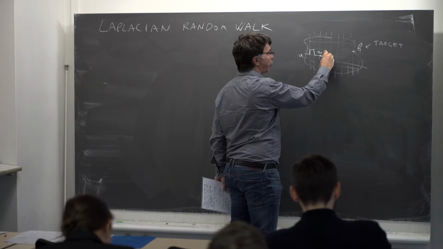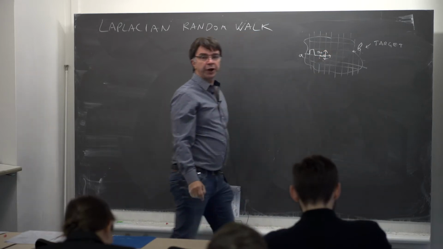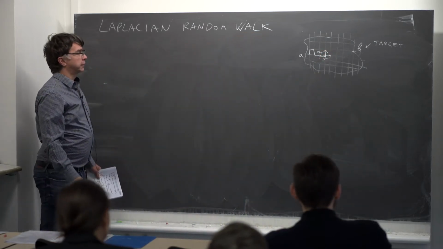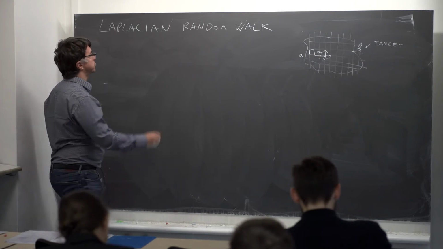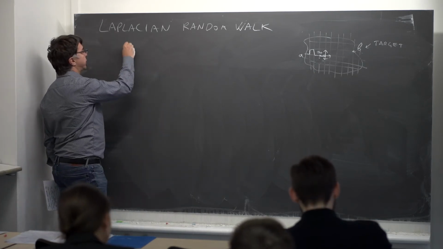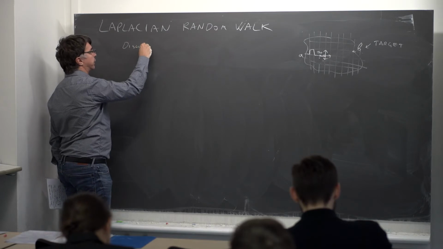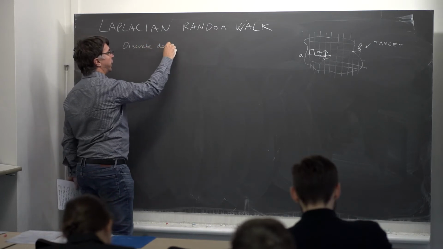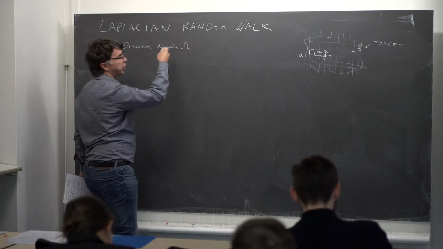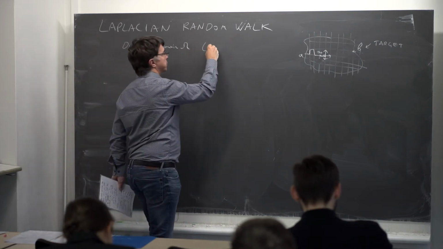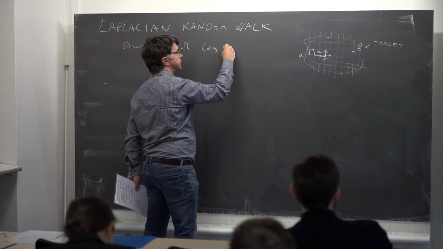We can go in three different directions. So we have a discrete domain omega, well, can be the full plane. So, for example, it would be square lattice.